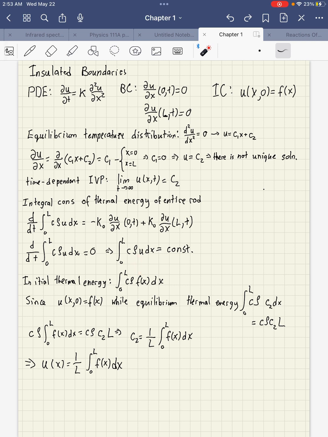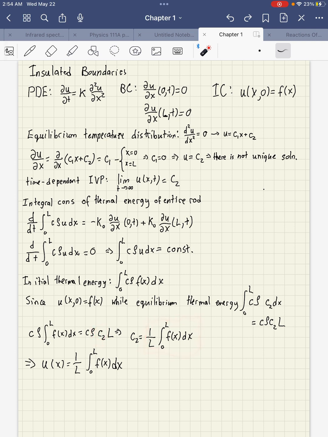Now, at the equilibrium, I have my u equal to C2. And since all of these are constant, this integral becomes this. Therefore, I equate them together and solve for my constant, and I got this expression.